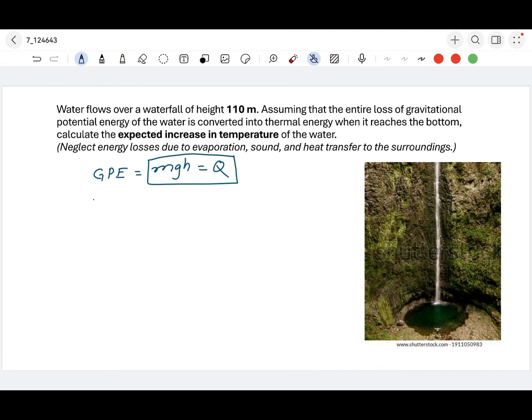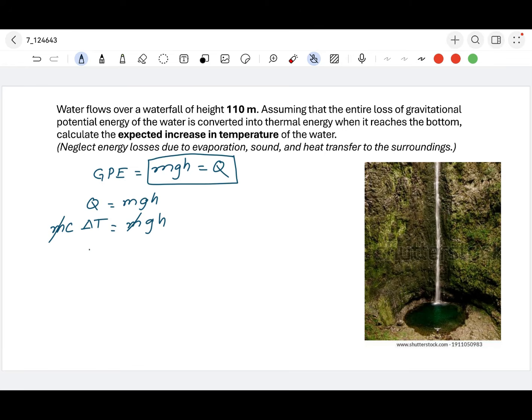So we calculate first Q equal to mgh. The mass m is not given, so we do one thing. Q equal to the formula we know, mc delta T. So mgh equals mc delta T, the m gets cancelled.